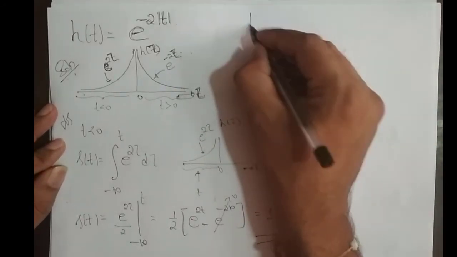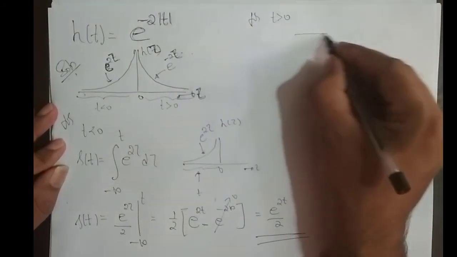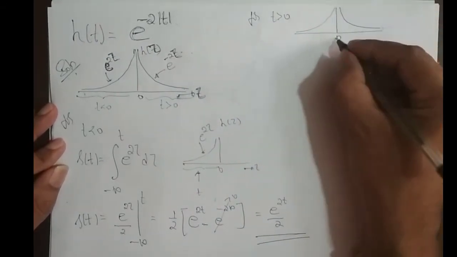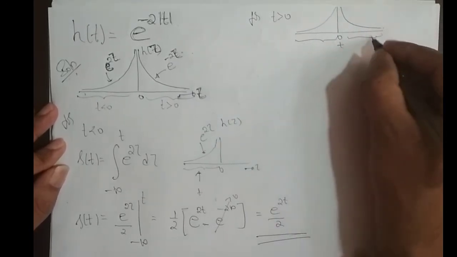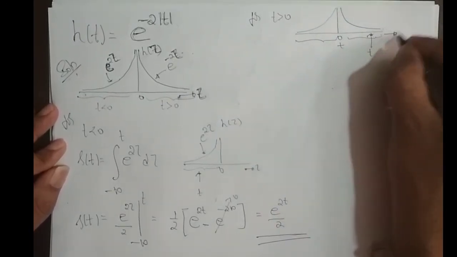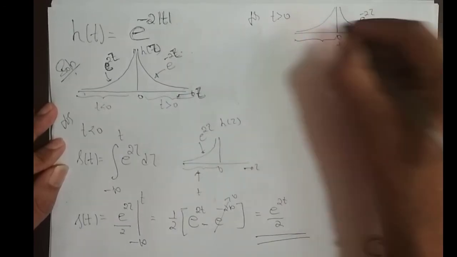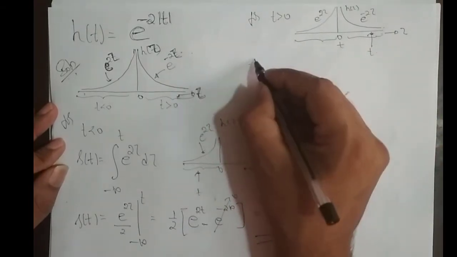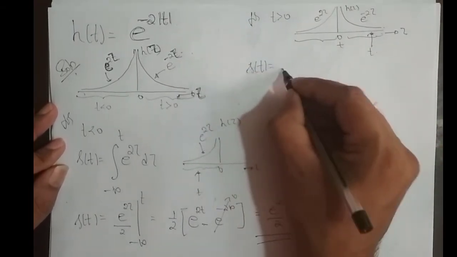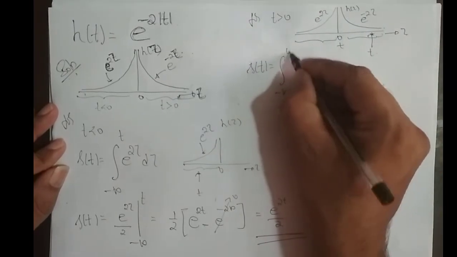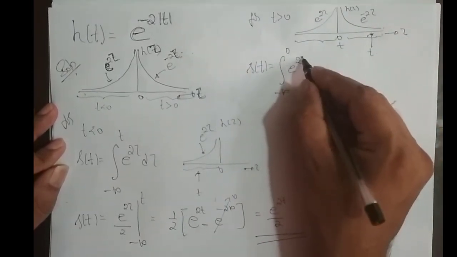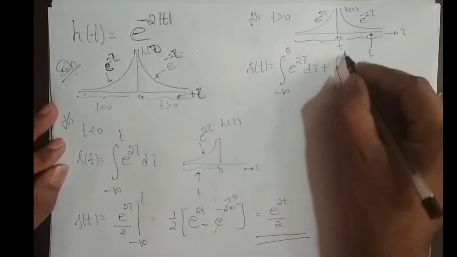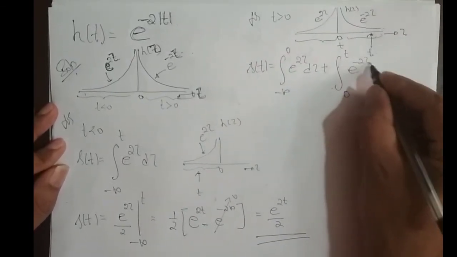Now for t greater than 0, I have to consider both sides, this side as well as this side, but with respect to t here. Okay, this is tau, so e power minus 2 tau, this is e power 2 tau, this is h of tau. So s of t is equal to, integrating from minus infinity to 0, the signal is e power 2 tau d tau, plus integrating from 0 to where I keep this t value, the signal is e power minus 2 tau d tau.